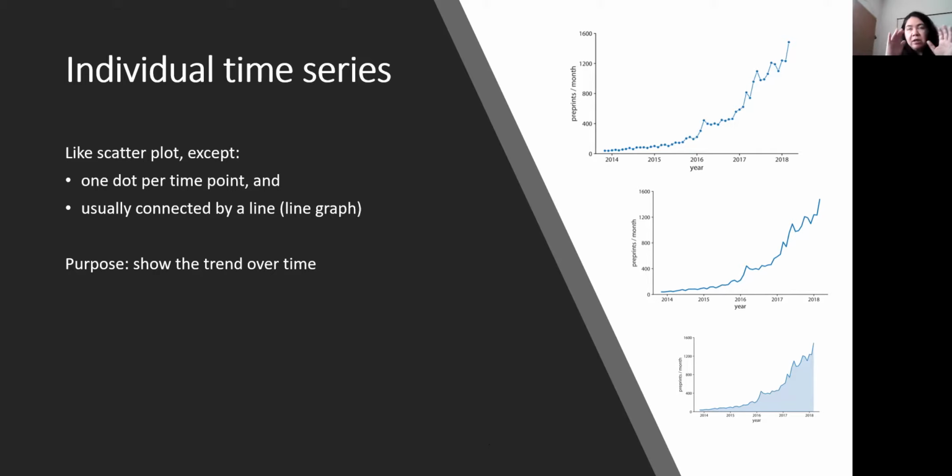And so you'll see what changed at that certain point in time. For example, if there was a vertical line here, so there was a trend and then something happened that made the trend start going down or plateau before going up again, that would be the indication that something happened at this point.